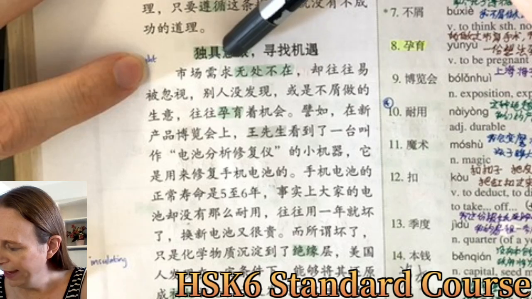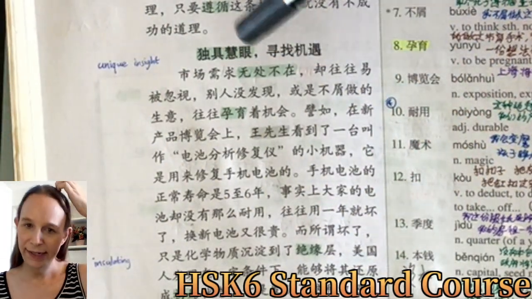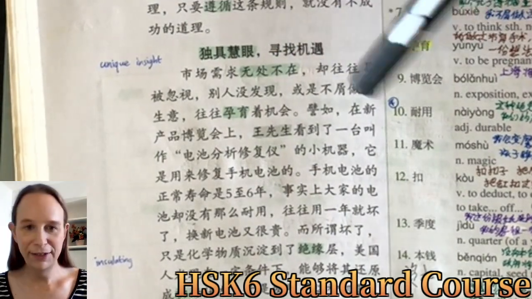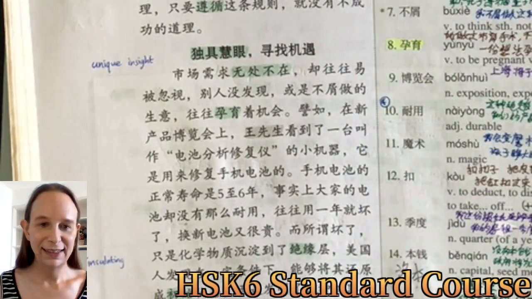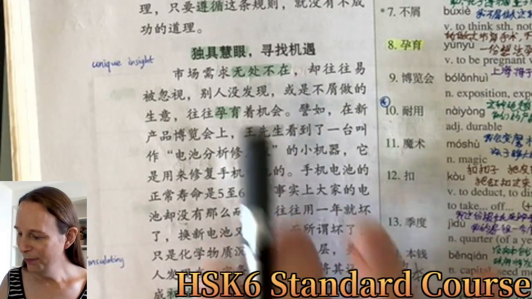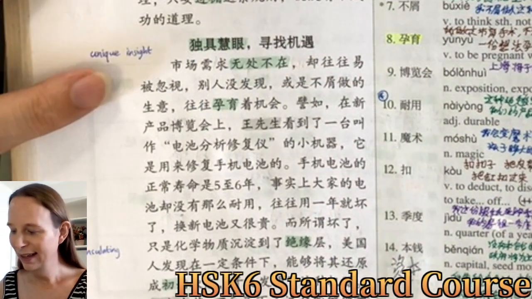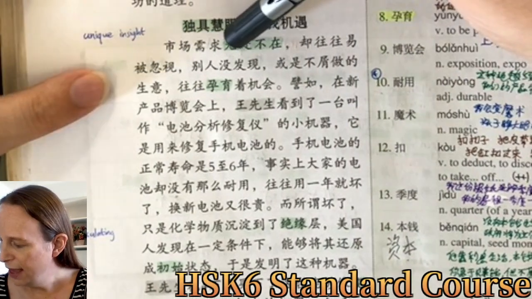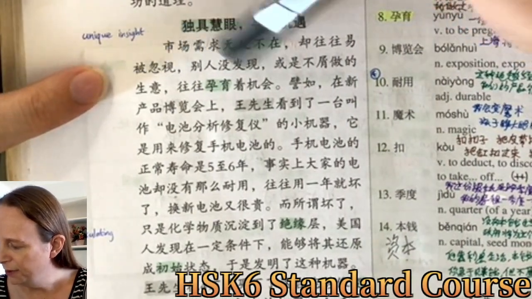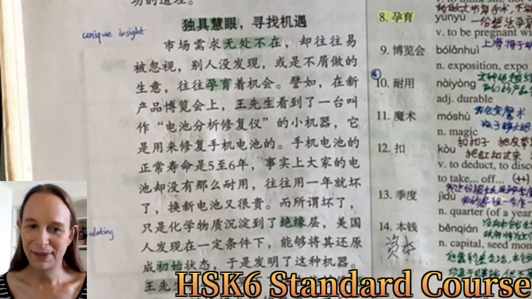独具慧眼，寻找机遇. So 机遇 is opportunity. So finding or searching for opportunities. 独具慧眼, 慧眼 is the intelligent eye. 独具, so uniquely possess an intelligent eye. Figurative speech, right? 市场需求无处不在, 无处不在, double negative. So there is no place where it doesn't exist.